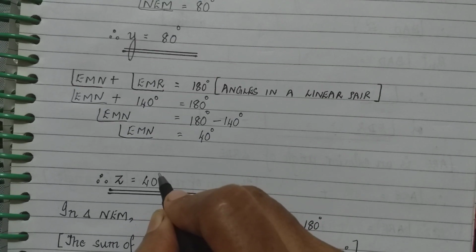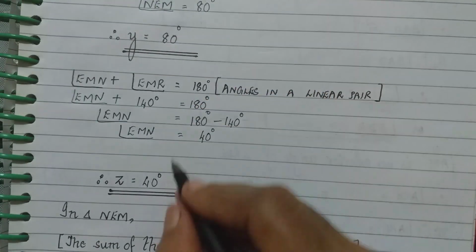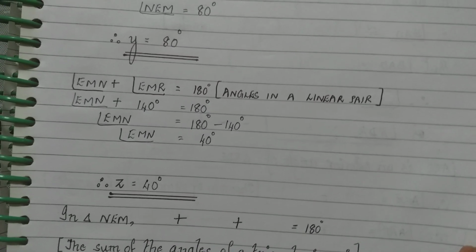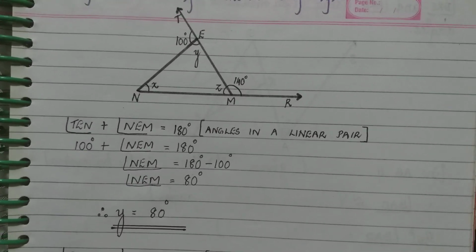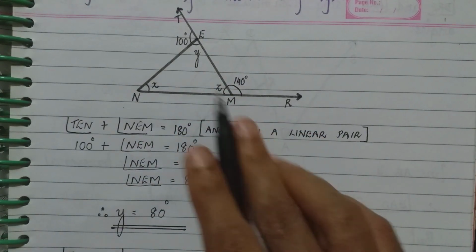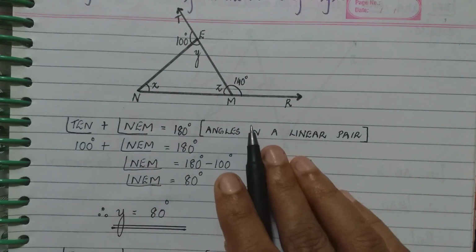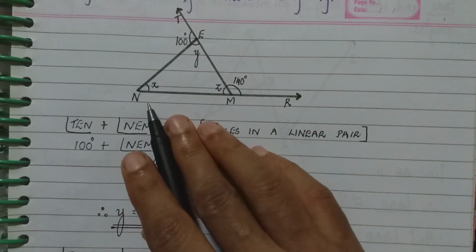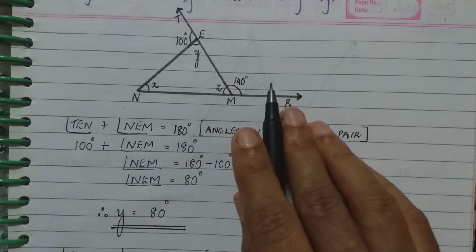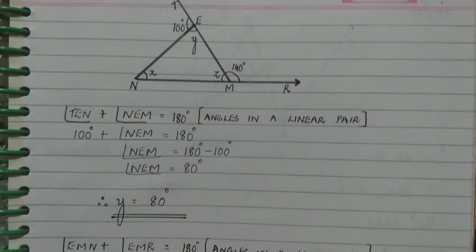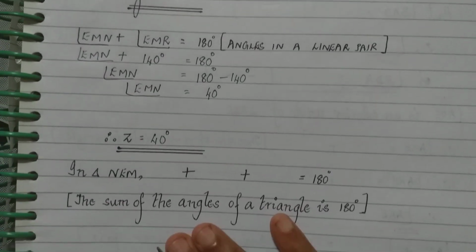So what have we found out now? The value of Y and the value of Z. Now I have to find the third value, that is X. Look at the figure. X, Y and Z are all the three interior angles of this triangle ENM. Therefore, X plus Y plus Z should be equal to 180 degrees according to angle sum property of a triangle.